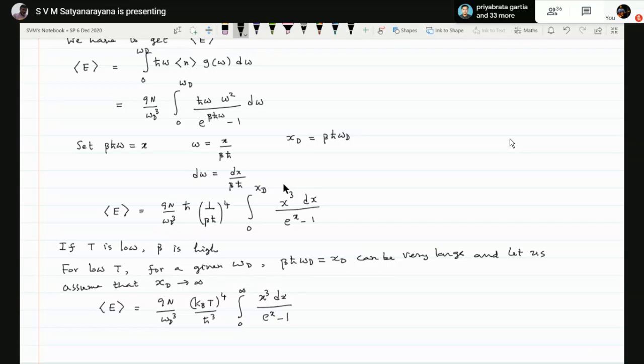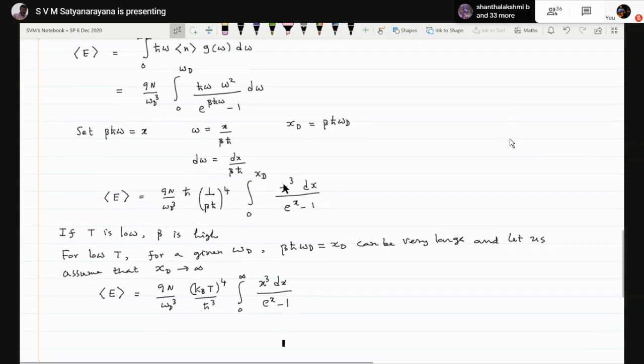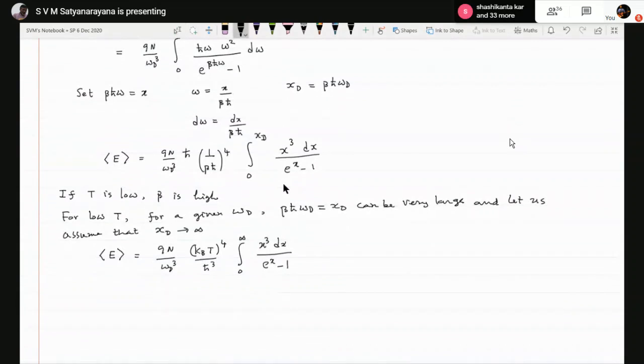Now, the advantage in this case is that whatever this integral is, it is going to be some constant.